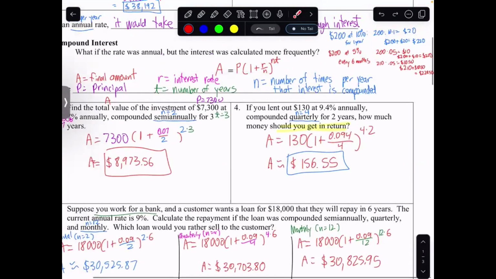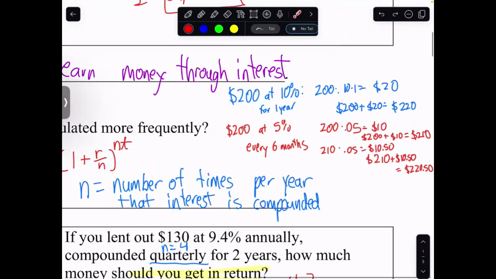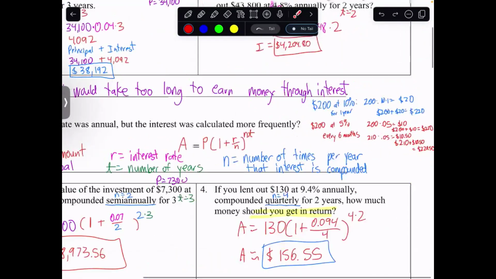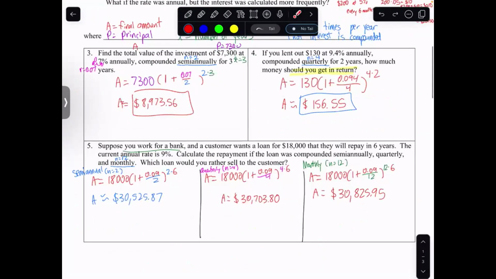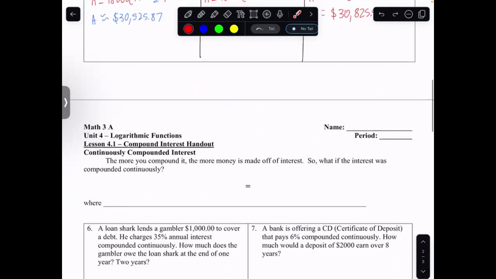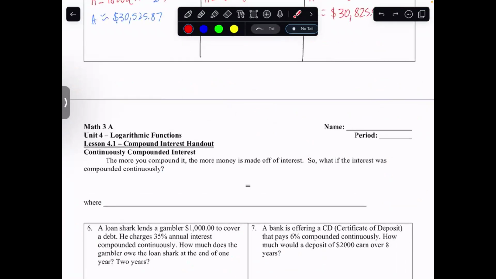Because we just learned that you gain interest on your interest. So wouldn't that mean infinite money if the interest is compounded infinitely? So to understand that, let's go ahead and look at a little demonstration.